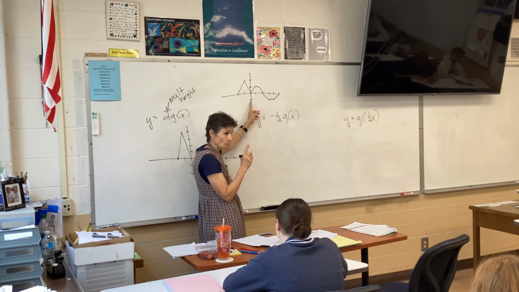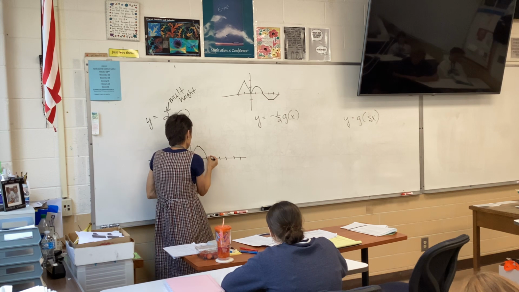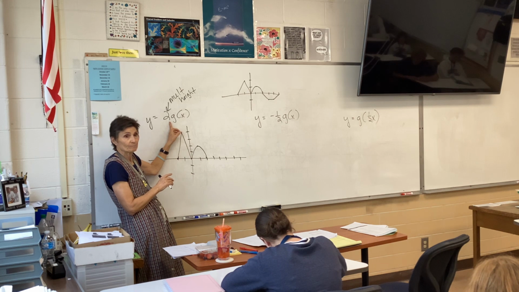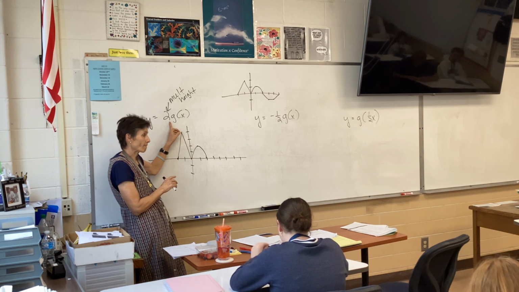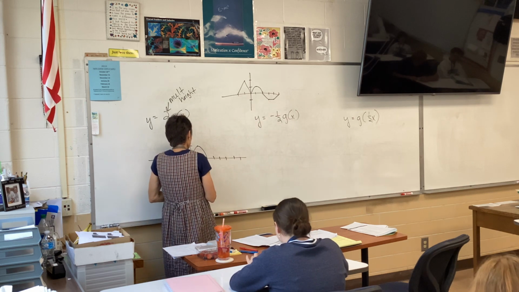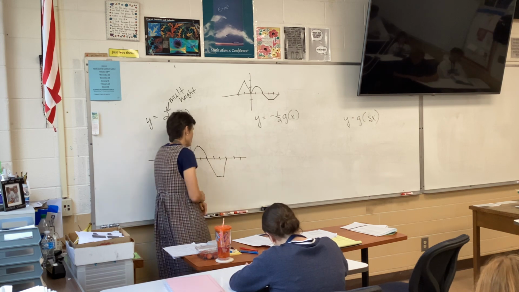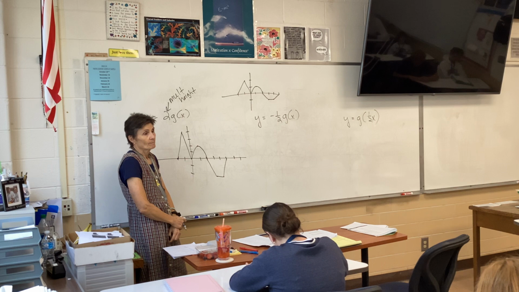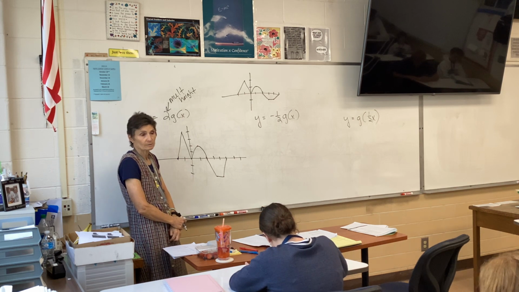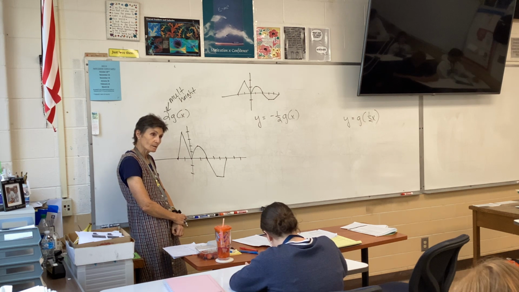Well, now it's going to be 2. A number only affects height. My trapezoid came down 1, well now it's going to come down 2, and there's your picture. We doubled the height of the figure. Okay?